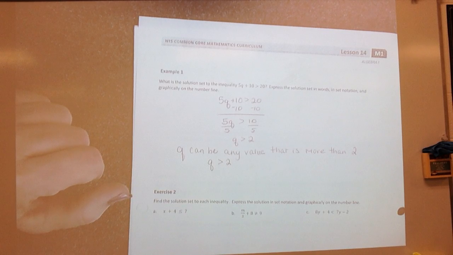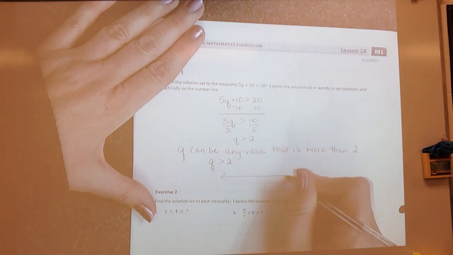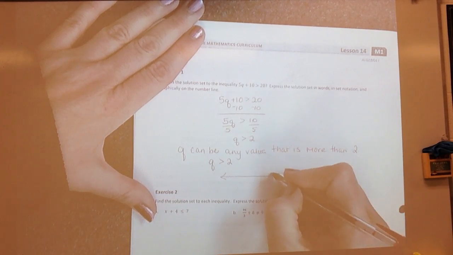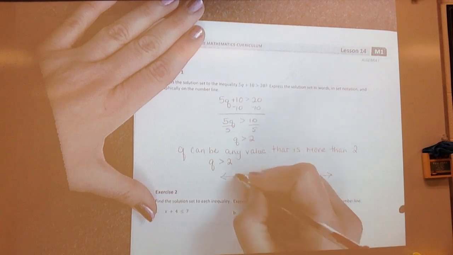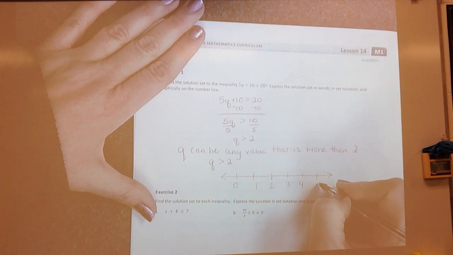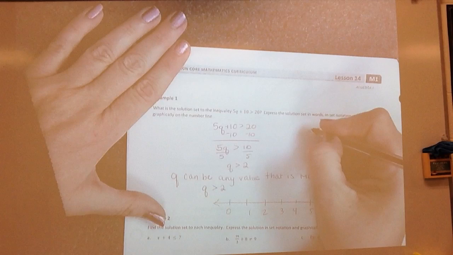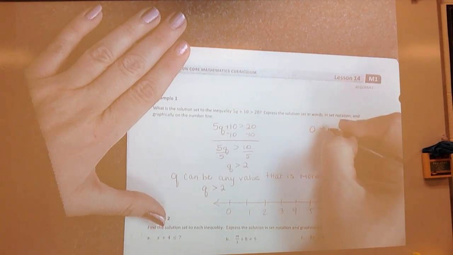And it says to express it graphically. So let's look at this. Remember, open circle means it's not included.